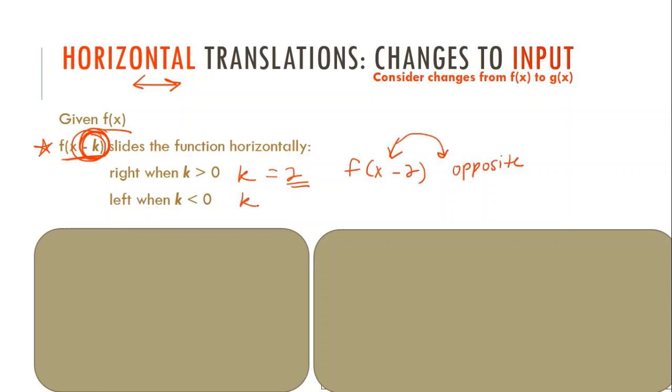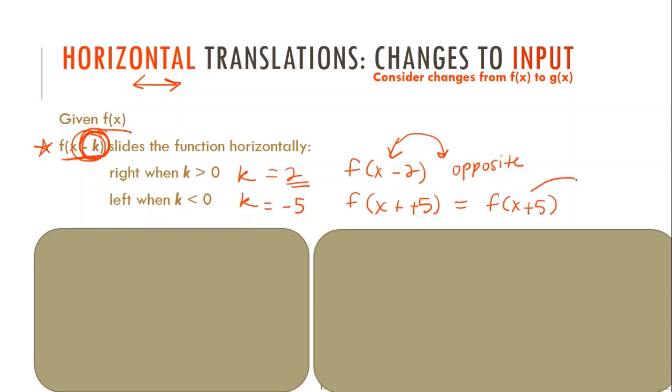Likewise, let's say that k was negative 5, because it's less than 0. If I plug a negative into this function, f of x minus k, two negatives make a positive. So this would actually be f of x plus 5.